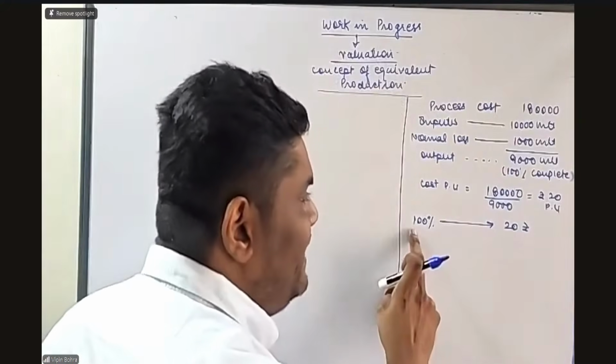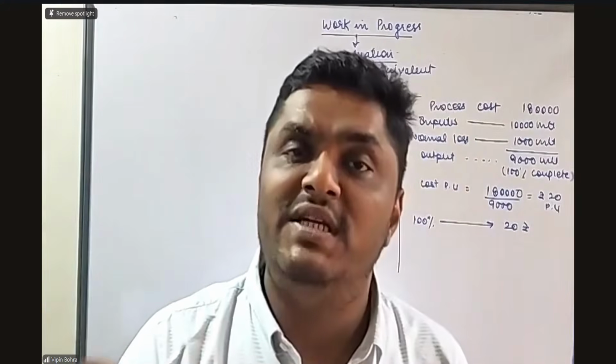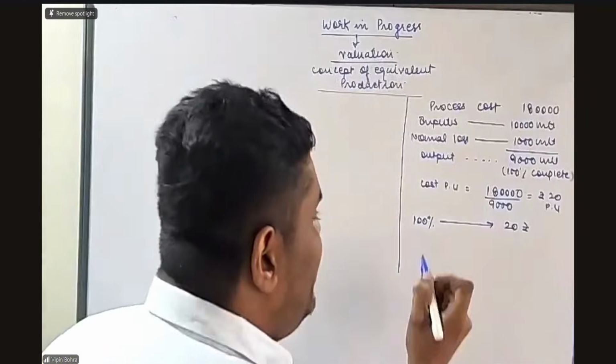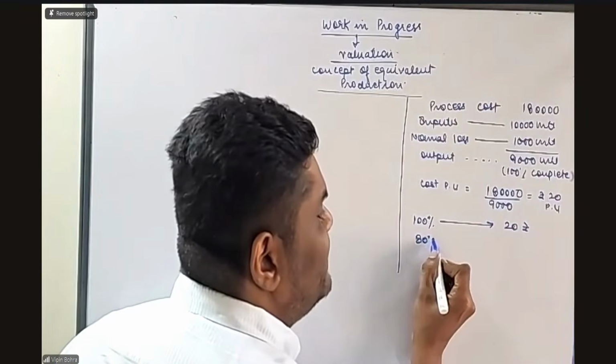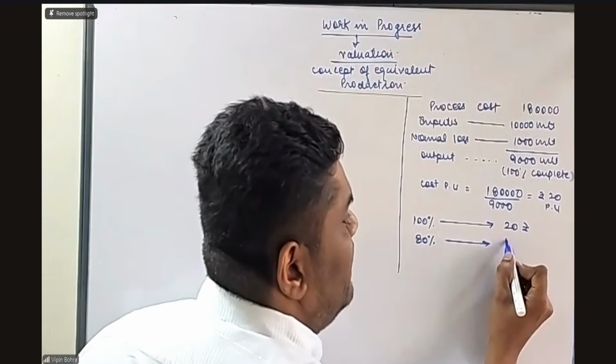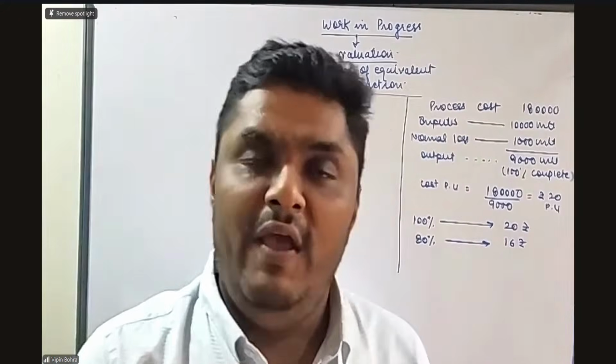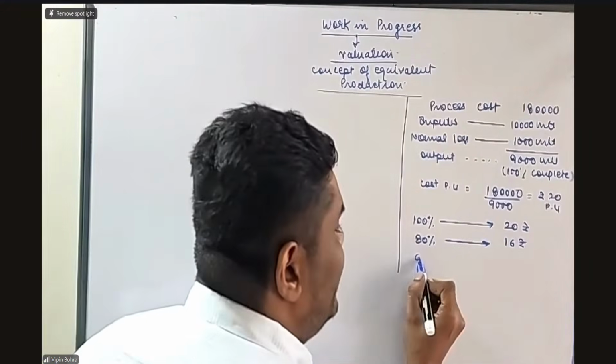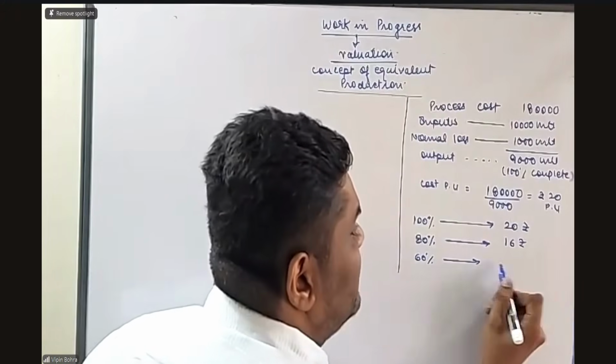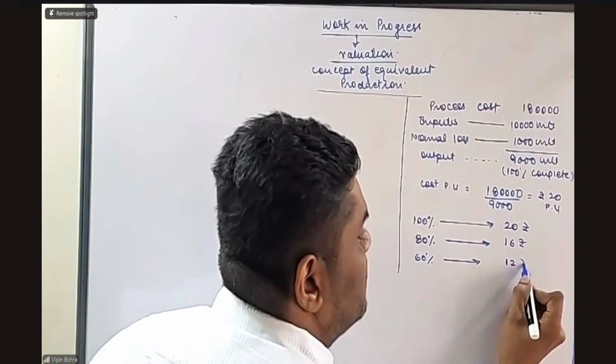So let's say the cost of the units that are 100% processed is 20. So if we want to calculate the cost of the units that are 80% processed, it will be how much? 20 into 80%, 16. So if we want to calculate the cost of the units that are 60% processed, then the cost will be 12 rupees.